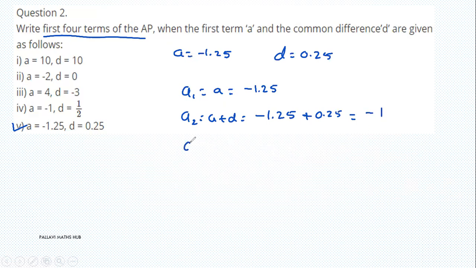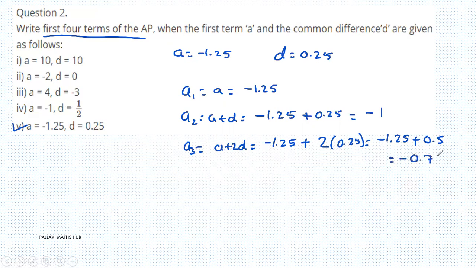Now find out a3. a3 is equal to a plus 2d. The a value is minus 1.25 plus 2 into the d value 0.25, which is equal to minus 1.25 plus 0.25 into 2 is 0.5, which is equal to minus 0.75. Similarly, find a4. a4 is equal to a plus 3d.